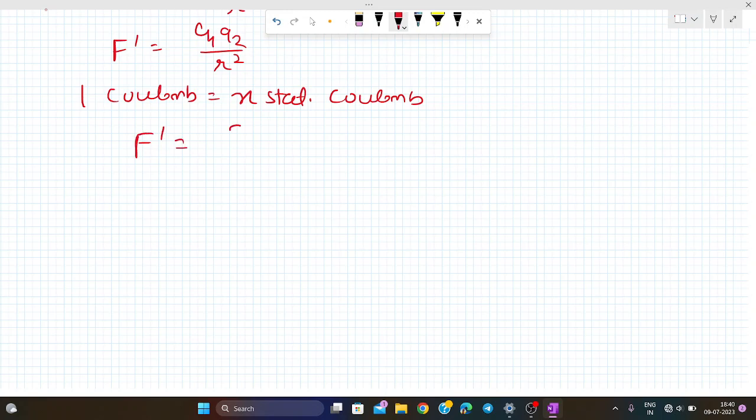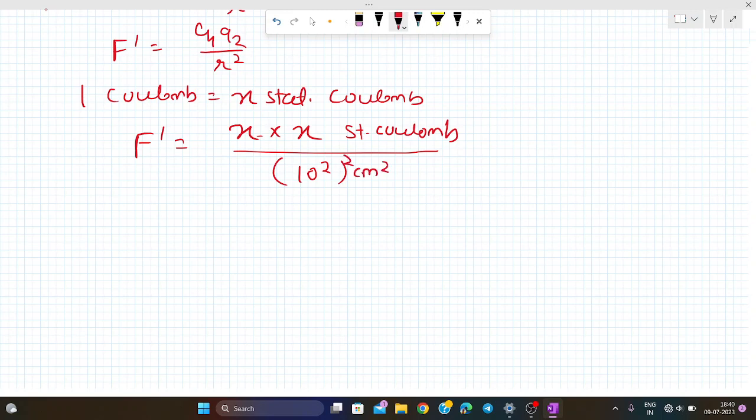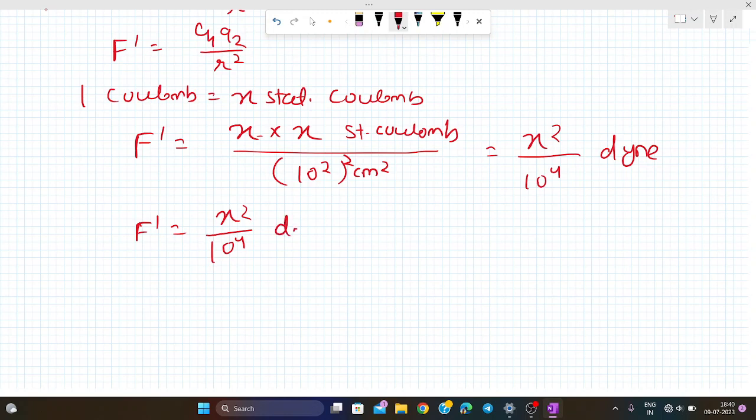F dash is equal to x into x stat coulomb divided by 1 meter, and 1 meter is 10 to the power 2 centimeter, squared. So it will become x square divided by 10 to the power 4, and the unit of force in CGS is dyne. F dash is equal to x square divided by 10 to the power 4 dyne. Name it equation number 2.